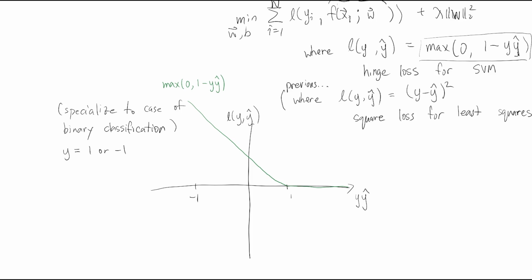So what this is saying is that in the hinge loss, if the correct label is 1, and we predict something that is 1 or bigger, right? The right hand side here is basically when y equals 1 and y hat is greater than or equal to 0, right? So this means that we have the correct prediction.